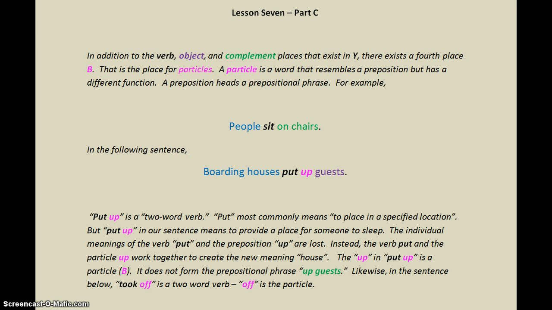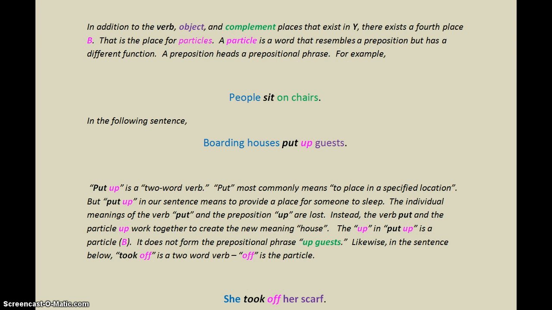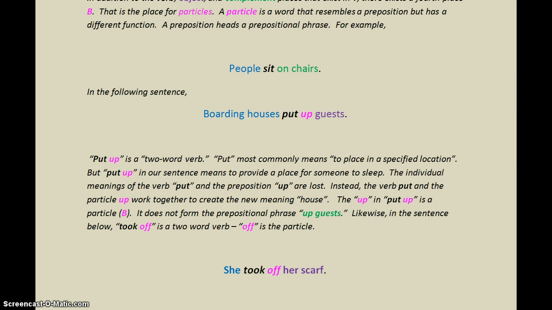I don't mean to put and then I'm going to up guests. It doesn't go that way. I can give you some more examples of two-word verbs. For example, took off is a two-word verb and it means to remove. Off is the particle. For example, she took off her scarf and she removed her scarf.